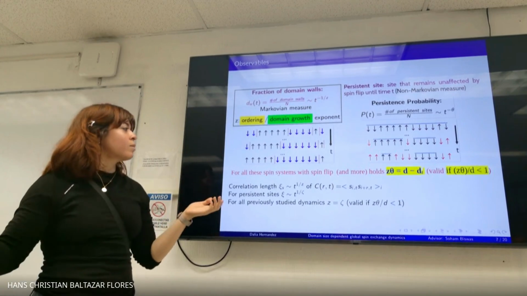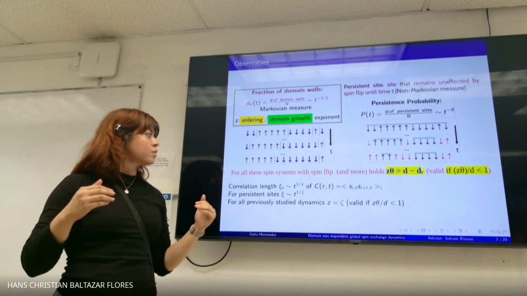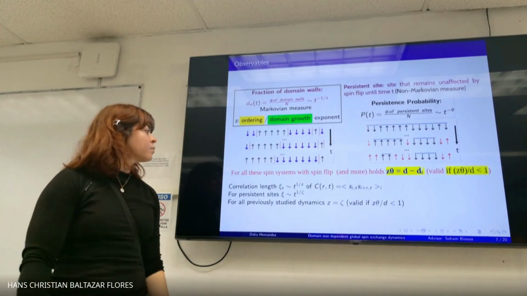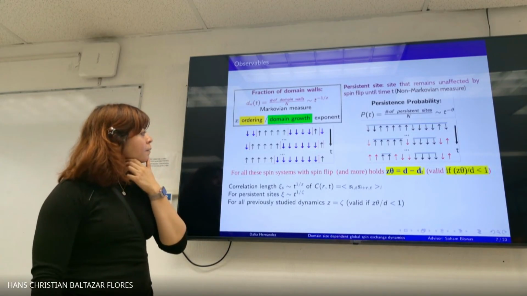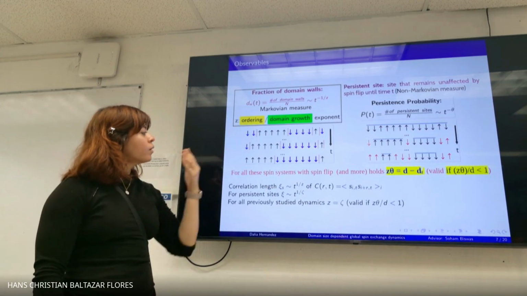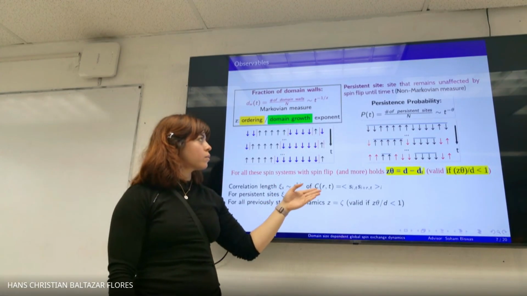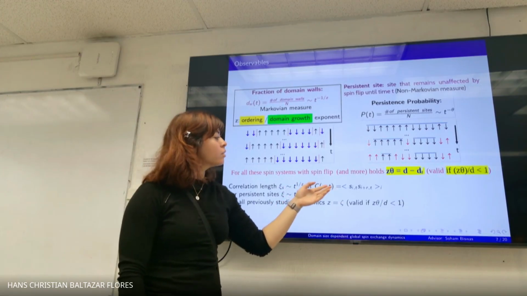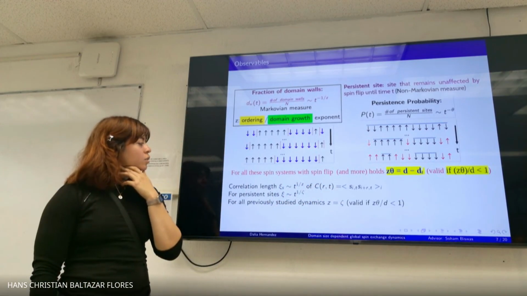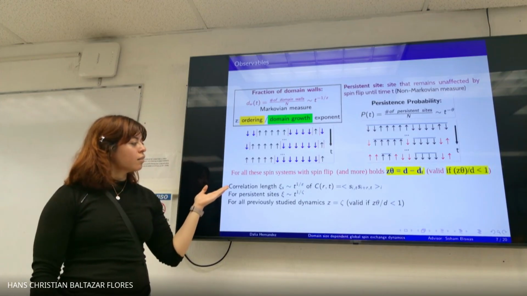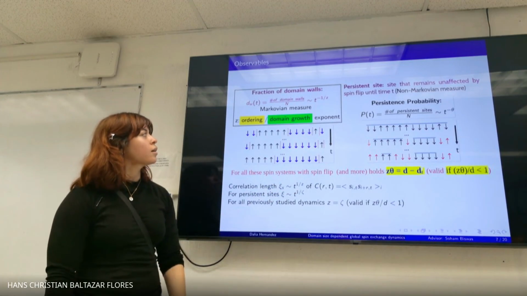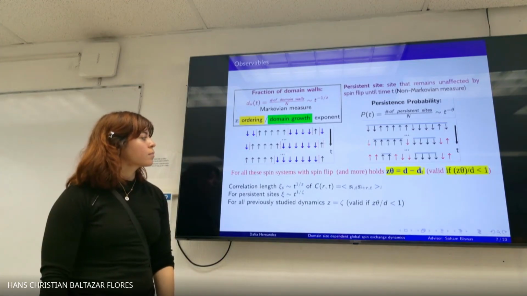This exponent basically tells us how our system is reaching the order. And this is not the only way to obtain the domain growth exponent. You can also compute the spin-spin correlation and measure its correlation length. This will also give you the domain growth exponent.